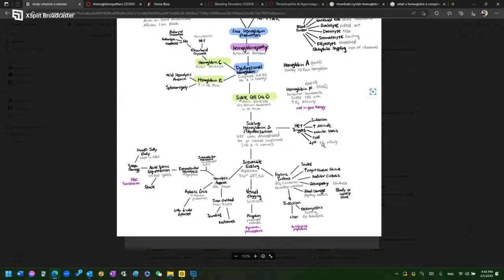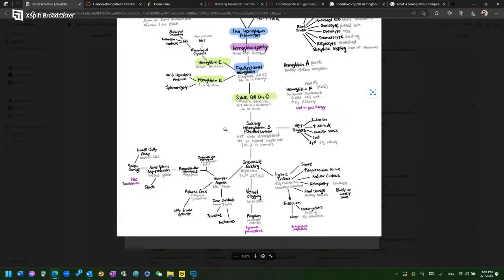Anything that will decrease the O2 affinity of the hemoglobin S will cause it to polymerize more easily. And this can be caused by a variety of different triggers. That's also why hemoglobin F is good, because it increases O2 affinity, so it makes it less likely for you to have an environment that will cause polymerization.